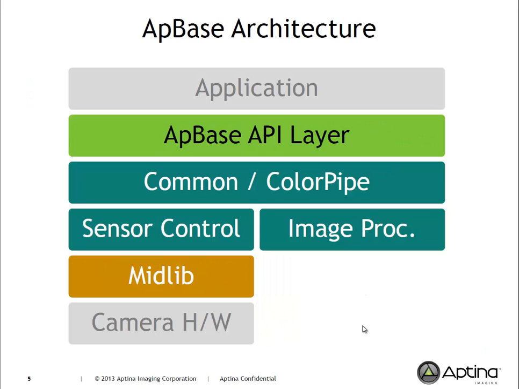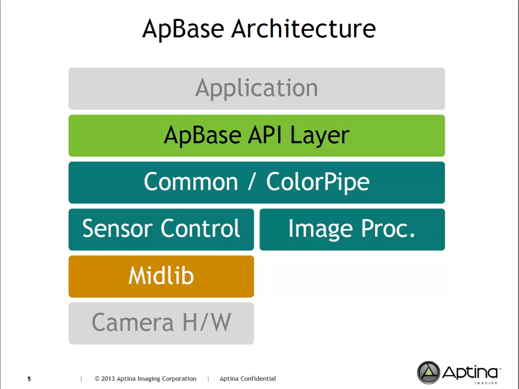This is a simple protocol stack, if you will, an application stack of the architecture. Down here you'll see the camera hardware, and as you'll notice, midlib is still there because ApBase is really kind of a wrapper around midlib.